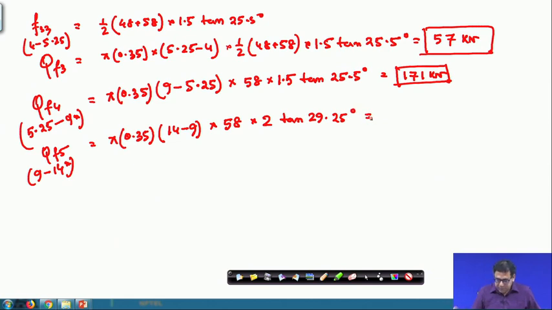So, that is equal to, this value is coming out to be 357 kilonewton.